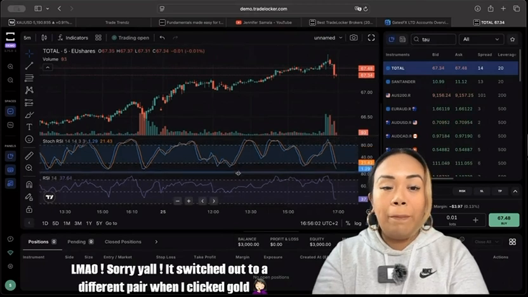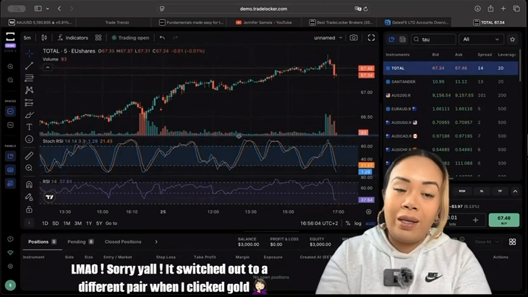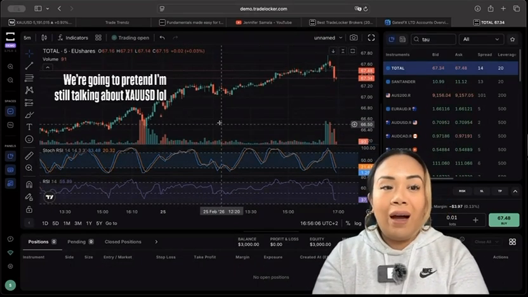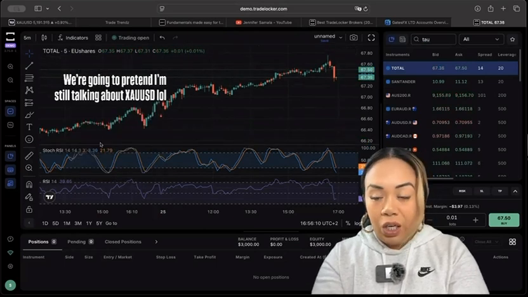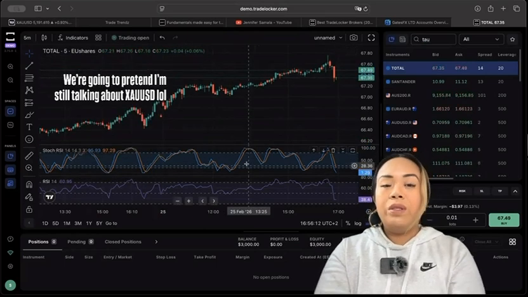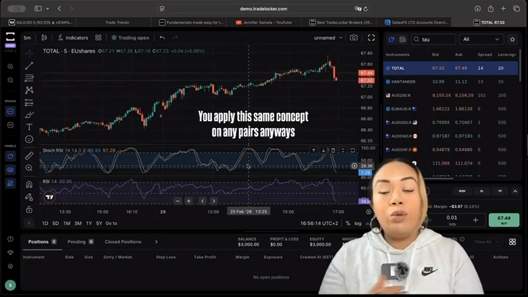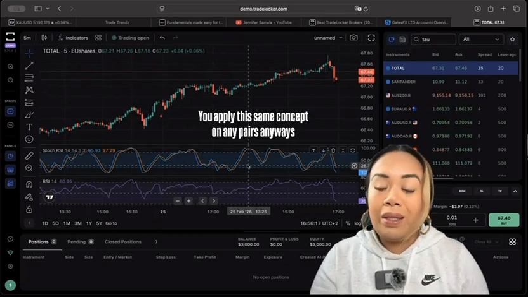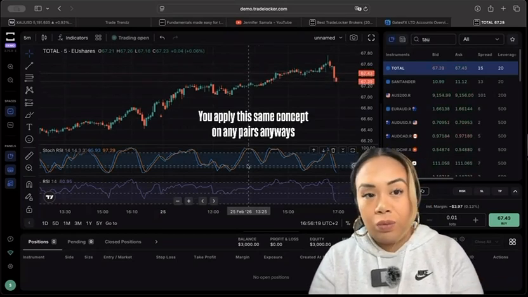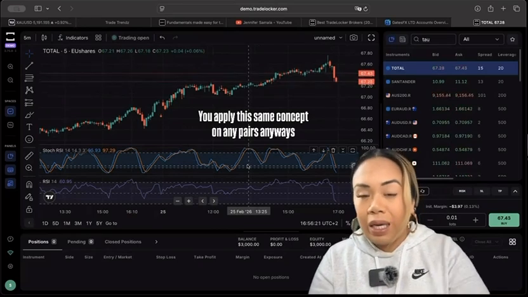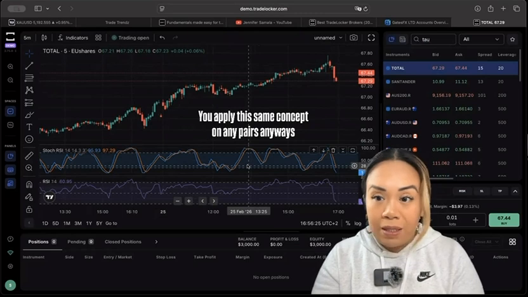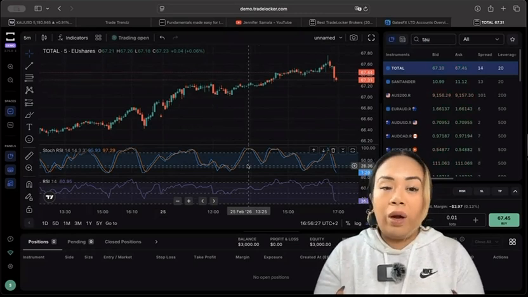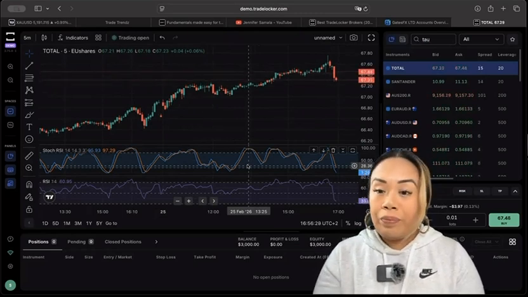So indicator-based trading is not bad. In fact, it's more of a safety net for a lot of people, right? Coming into trading, I highly recommend getting into indicator-based technical analysis just to look through it and have some type of safety in terms of where the market is going.